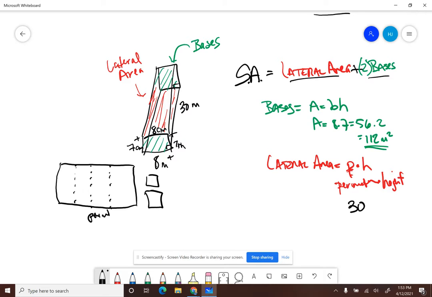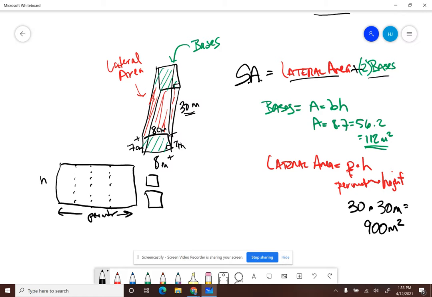This is what this right here would equal. And this would be my height, which is already given right here, right? It's already given me my height. So you notice that my perimeter here, when I fold this out, 8 plus 7 plus 8 plus 7 is 30. And my height actually is 30 meters. So if I multiply those two things together, I'm going to get 900 square meters, right?